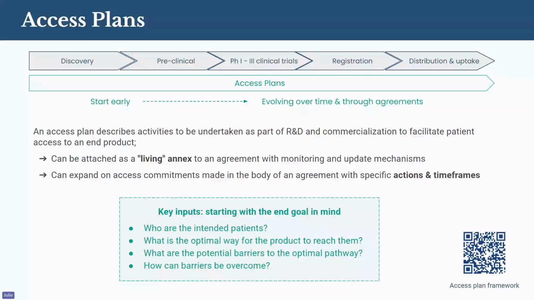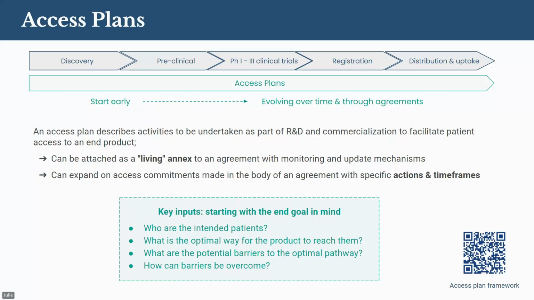So from the beginning of development through to when it's going to be shared, it's going to obviously expand from what's known about the product at the very beginning, not much perhaps, to an increasing number of commitments to understand the product.